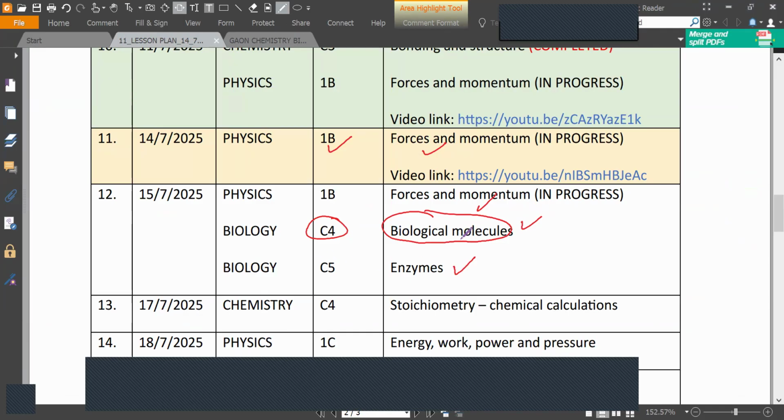In biology we have more topics and they are shorter, so we will do more of them. Next we will move on to unit 5, which is also quite short. So we will go through that.